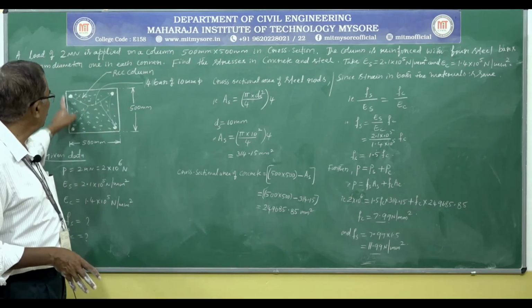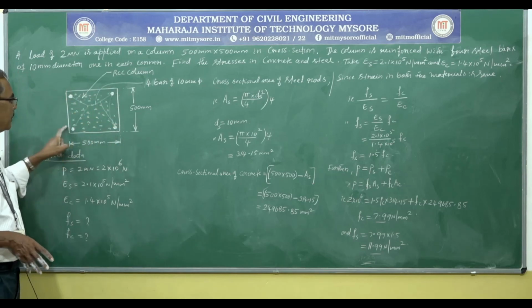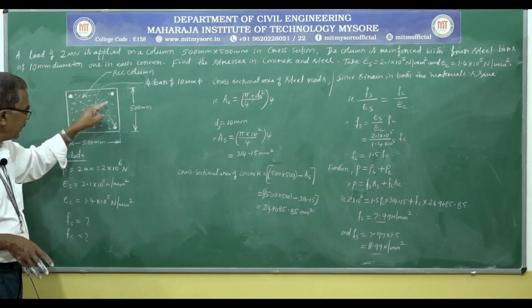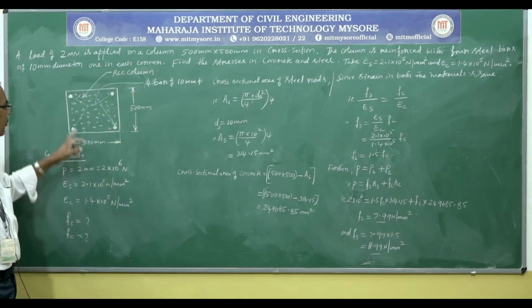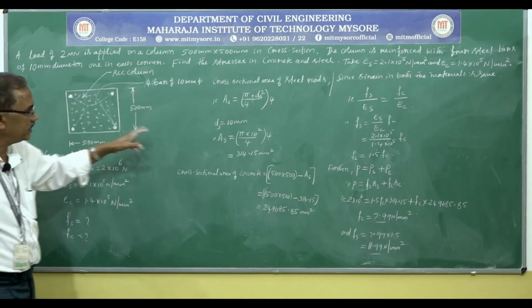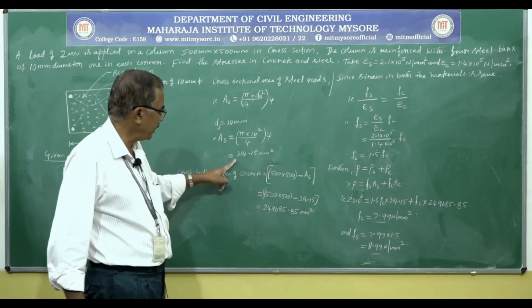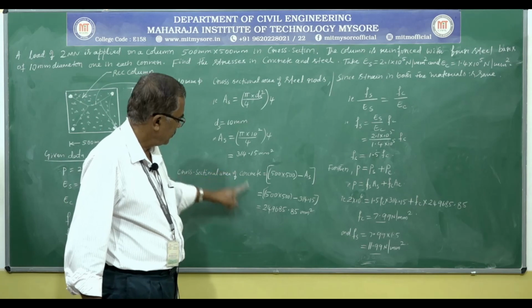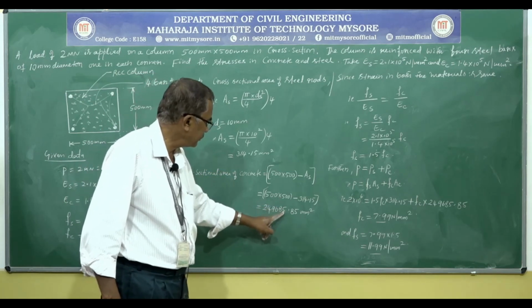You can see here, in the cross-sectional area of the column, the cross-sectional area of the steel is very small when compared to the cross-sectional area of concrete. Here, the cross-sectional area of steel is only 314, whereas the cross-sectional area of concrete you can see here.